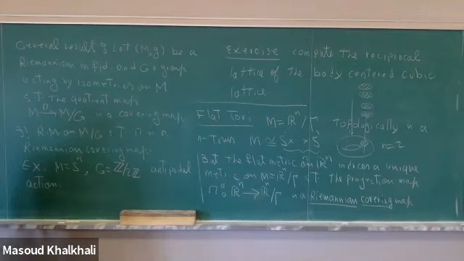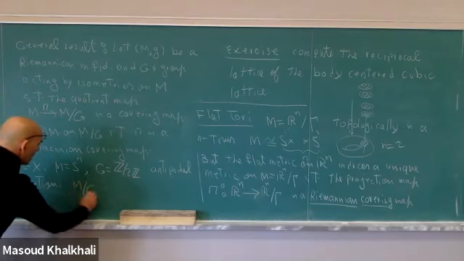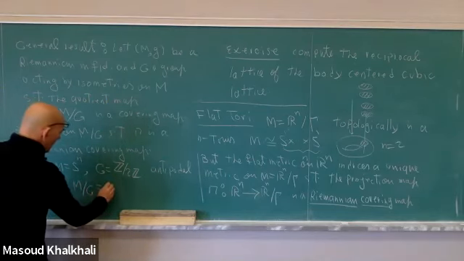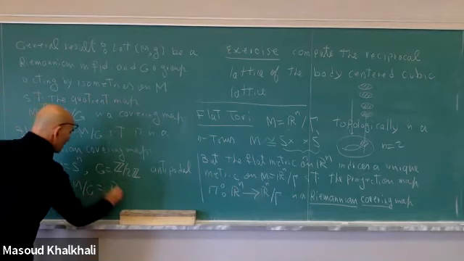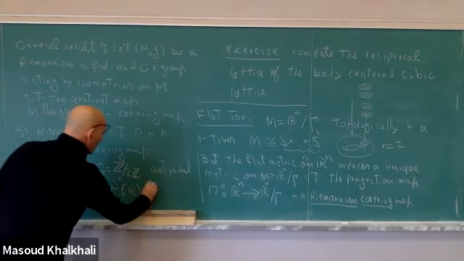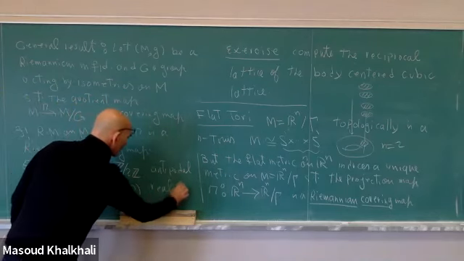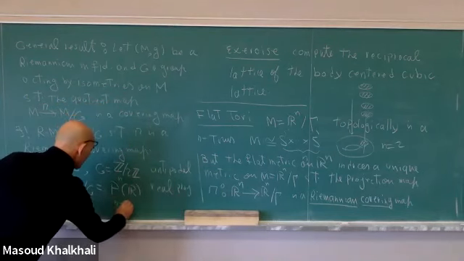And of course the quotient in this case, M mod G, is real projective n-space, P^n(R).